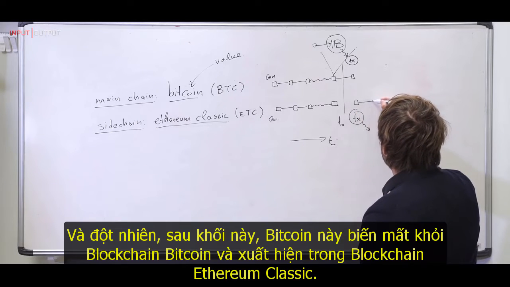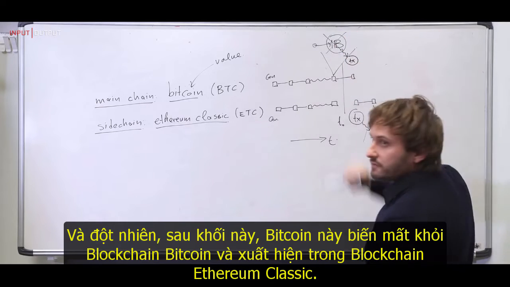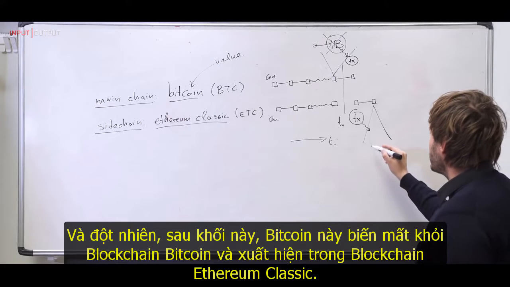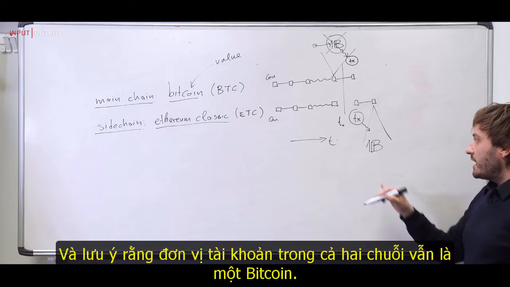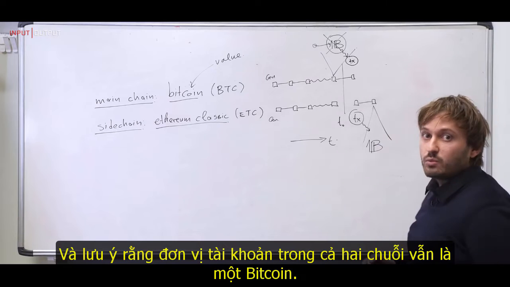And now suddenly, after this block, this Bitcoin disappears from the Bitcoin blockchain and appears in the Ethereum Classic blockchain. And note that the unit of account in both cases remains 1 Bitcoin.